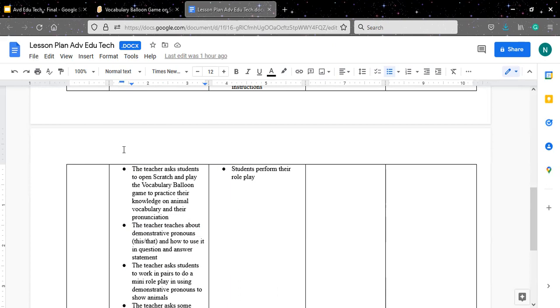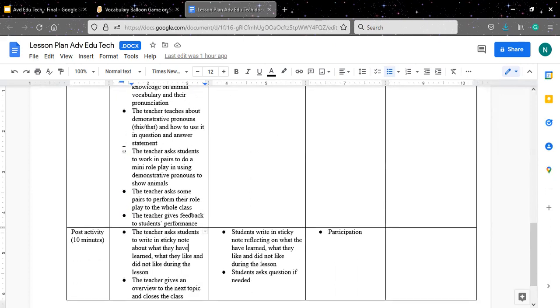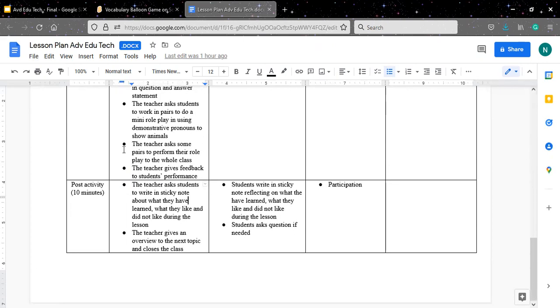Then the teacher can go to the next material, the demonstrative pronouns, and ask students to work in pairs on a mini role play using demonstrative pronouns to show animals. The pairs perform their role play, and the teacher gives feedback on their performance.